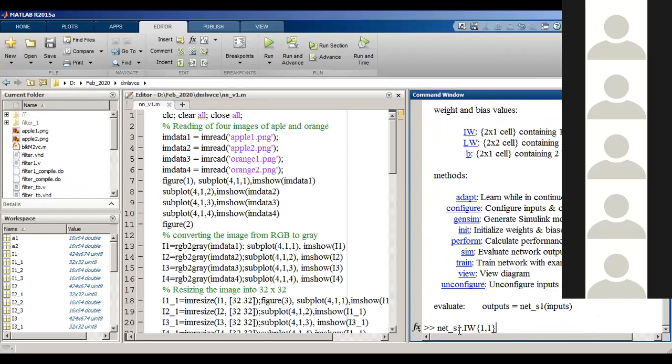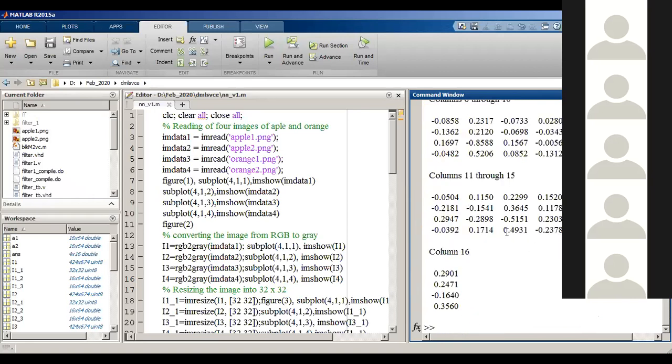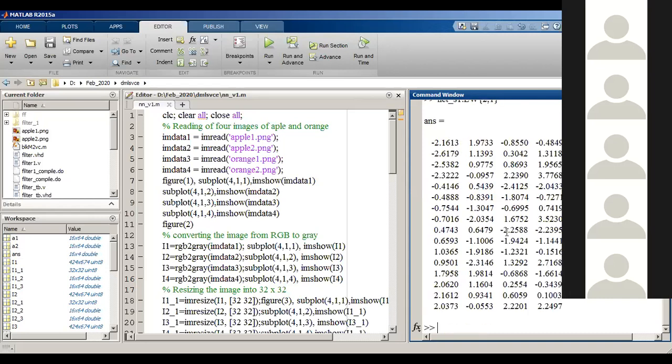These are the weights obtained by training the network for the hidden layer. Similarly, for knowing the weights of the output layer, net_S1.LW{2,1}. These are the weights of the output layer.